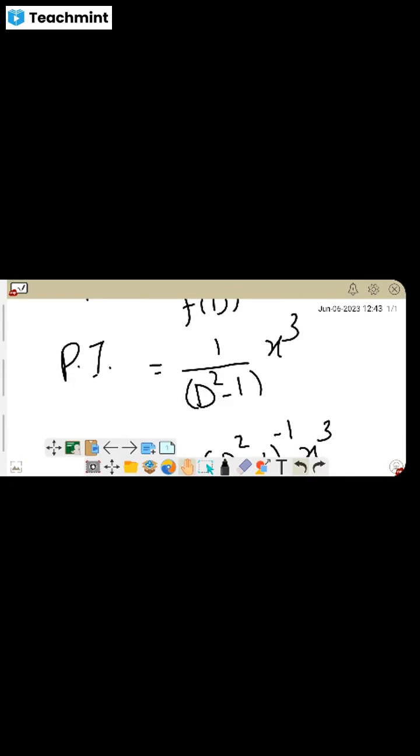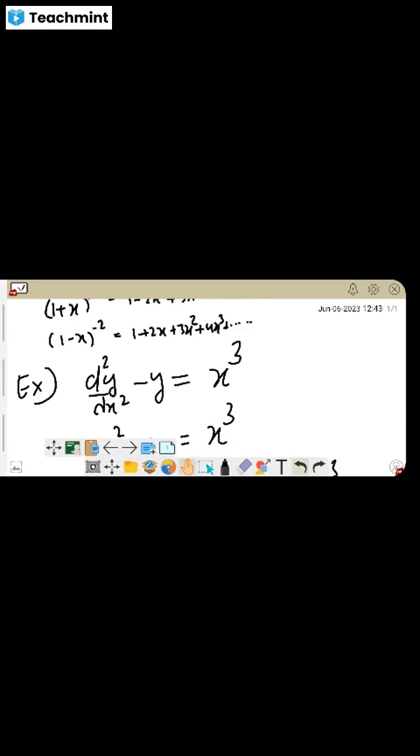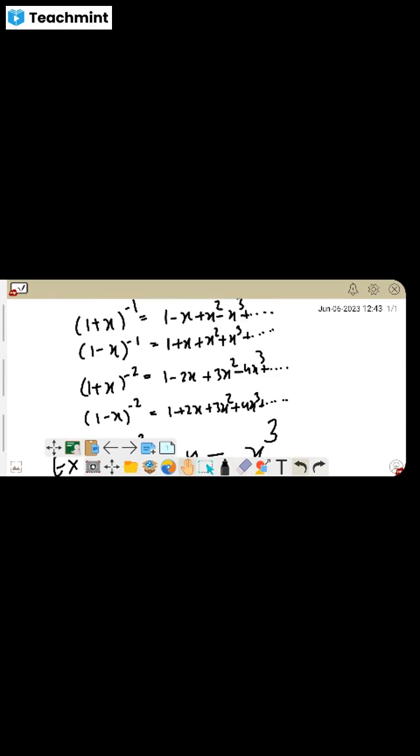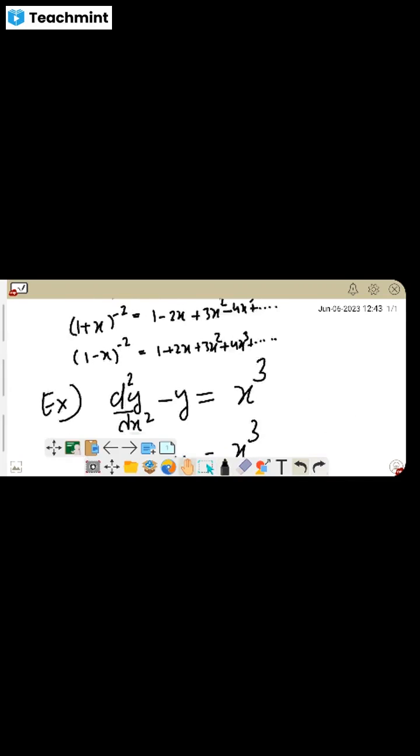First of all, let us convert 1 upon, taking negative common, then we can write 1 minus d square. Are you getting this point? Yes, we are taking negative as common because we need to convert it into this formula, because we have a negative sign.